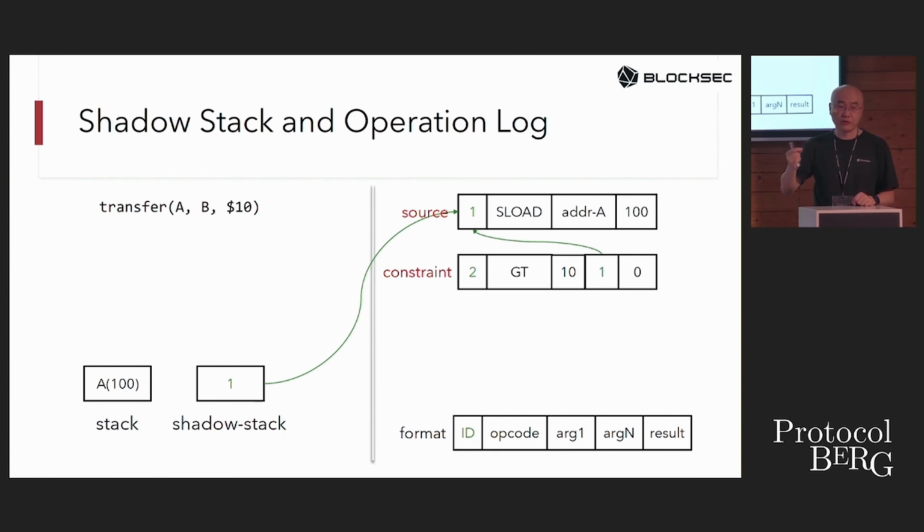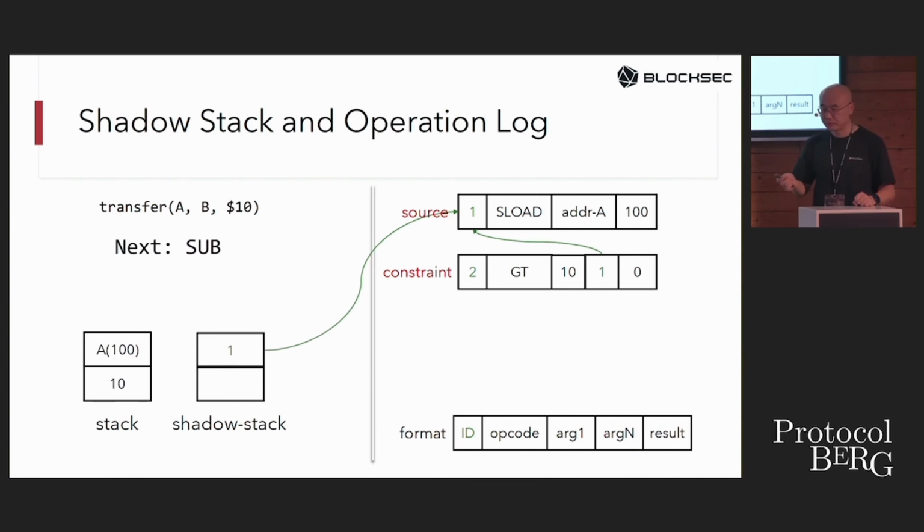Otherwise, it will revert. So entry 2 in the operation log is a constraint. It says that the output of operation 1 should be greater than 10, and only in this case can we continue executing the following instructions. Otherwise, it will revert.